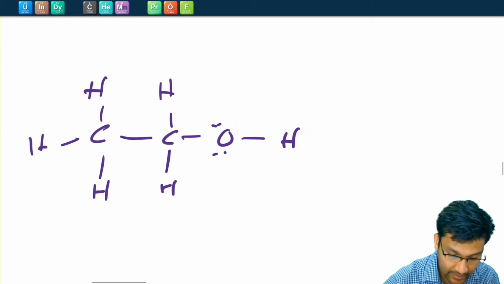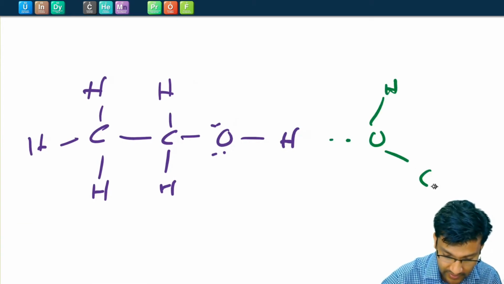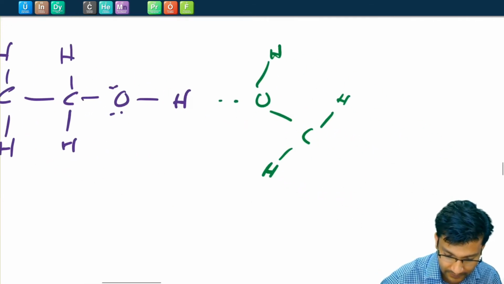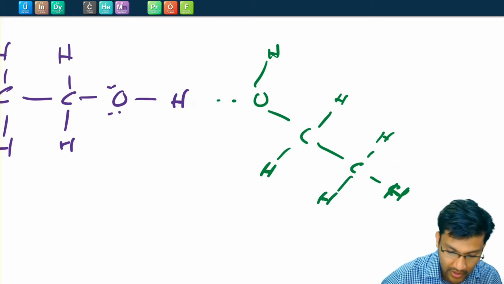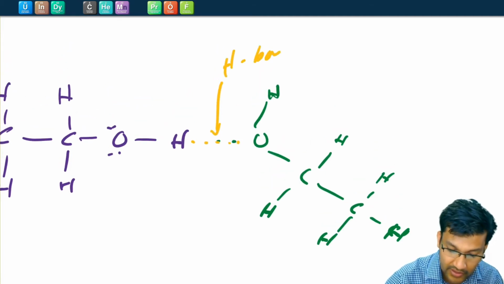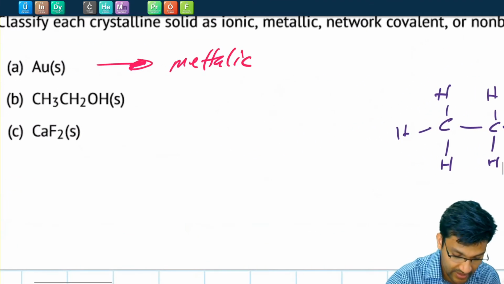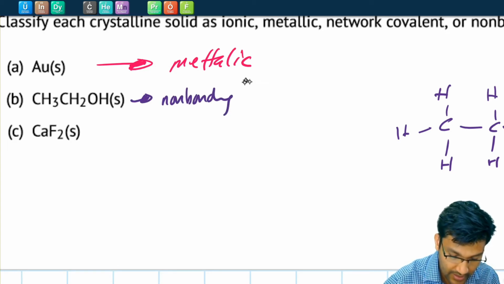Ethanol would sort of interact with other ethanol molecules through intermolecular forces, right? Hydrogen bonding. So H bonding. So if it's intermolecular forces, then we know that this should be a non-bonding molecular solid.